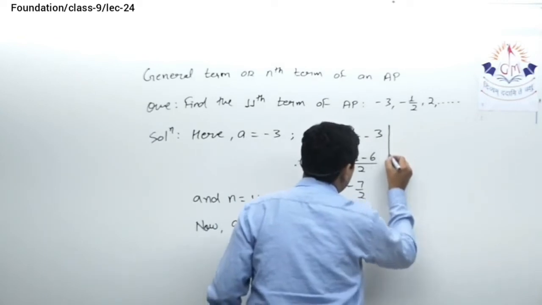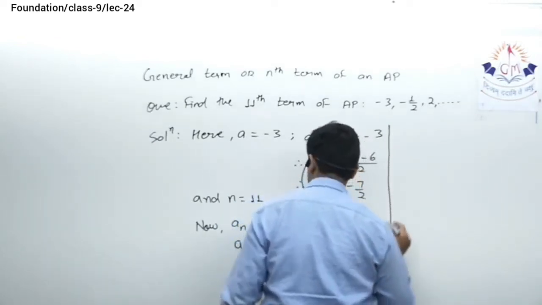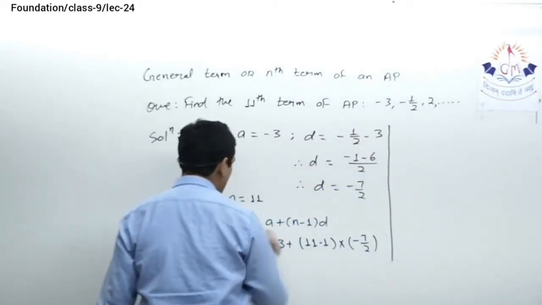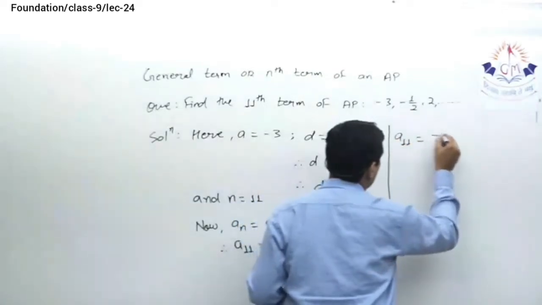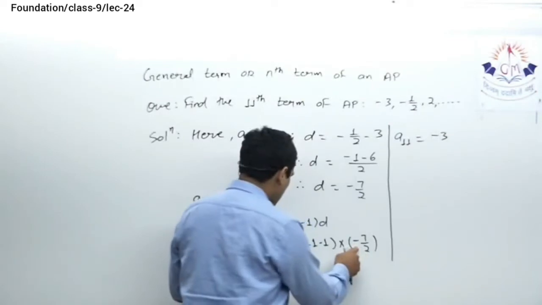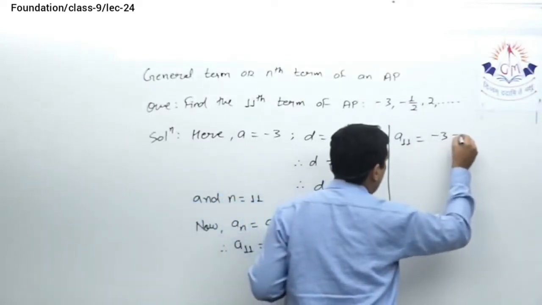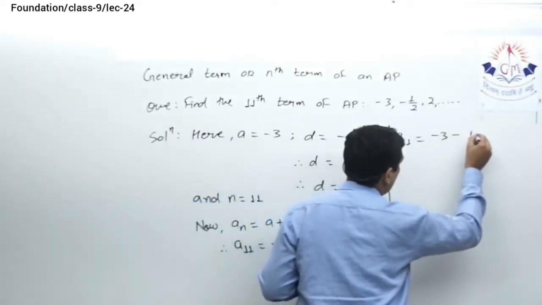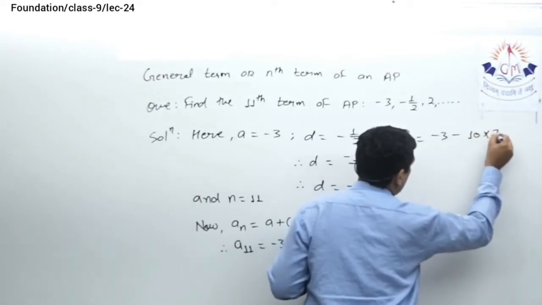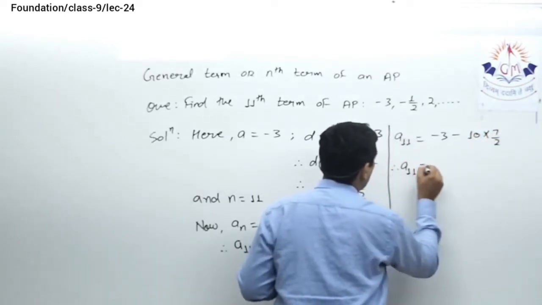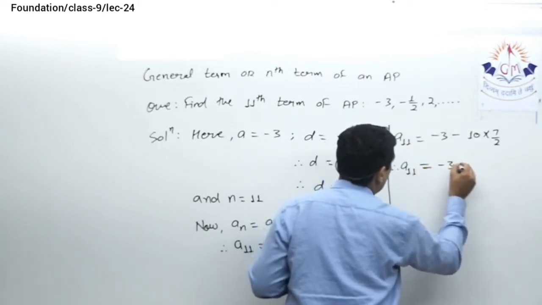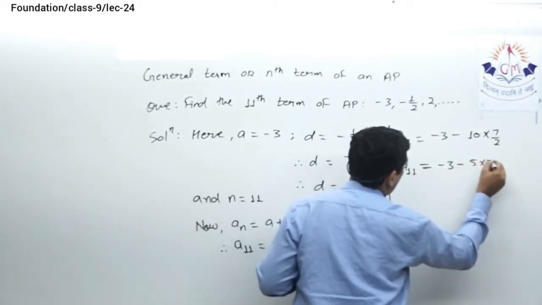So here I will get a11 is equal to minus 3 plus 10 into minus 7 by 2. So a11 is equal to minus 3 minus 5 into 7.